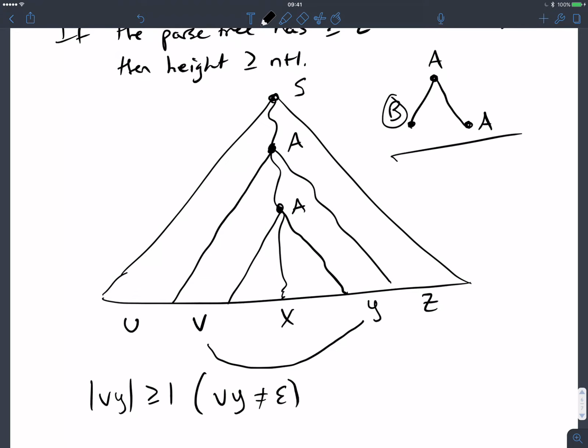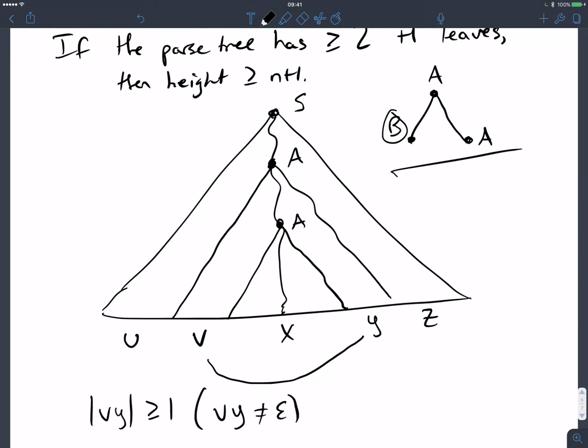And since they can't generate the empty string, one of those two sides must be non-empty. Yeah. If they can't generate the empty string, what would be an example of one of them being empty? In this case up here, Y would be the empty string. Because the second occurrence of A corresponds to the first one on the right side. So there would be no Y. Yeah, in that particular case, yes.